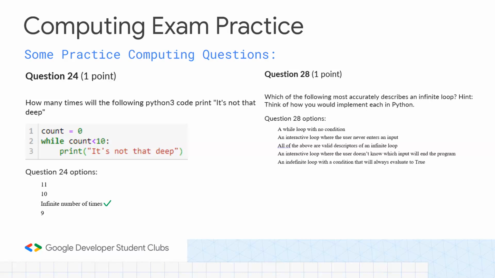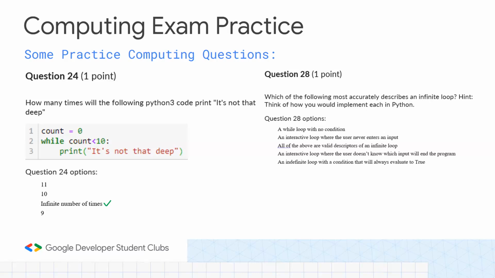As long as you don't update the count variable inside the loop, it's going to be infinite number of times. If this was, let's say, 10, the while loop wouldn't even exist. Any more questions, comments, concerns? All right, we move on to the next one.